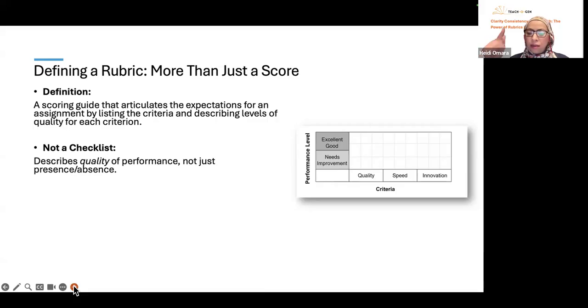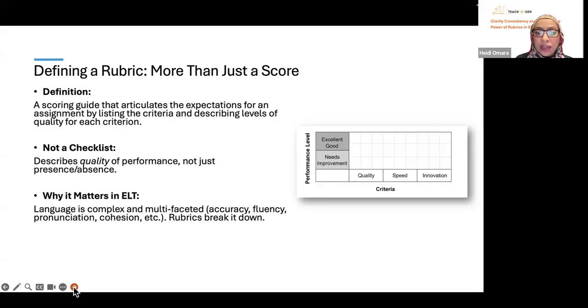Yes, he's got the assignments, tick. He doesn't have the assignments, no. So this is just some kind of checklist. It's not a rubric. A rubric in itself is a score guide to see what I am assessing in particular, not just a checklist.